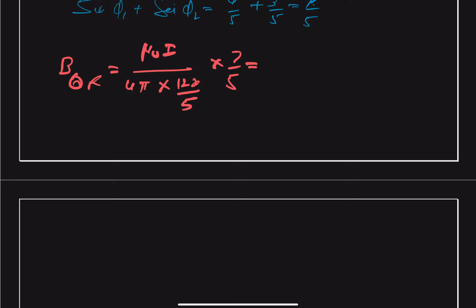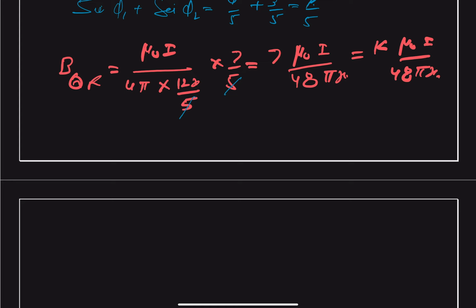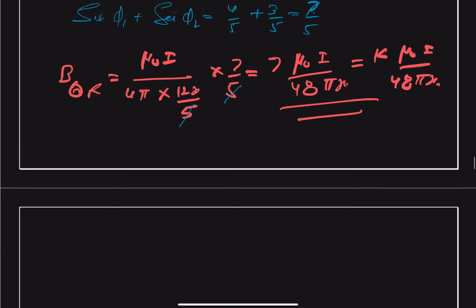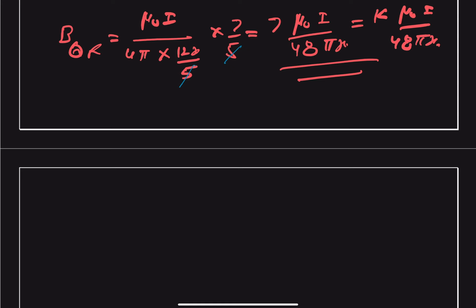The 5 cancels with 5, so we are left with 7 mu naught I upon 48 pi x, and the given formula is K mu naught I upon 48 pi x, and from this we can clearly see that the value of K is equal to 7.